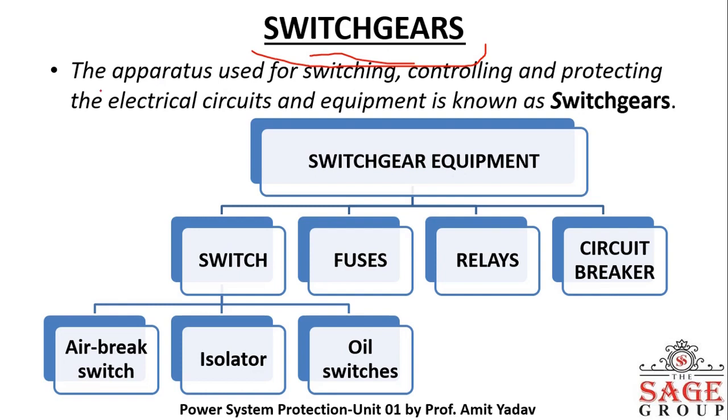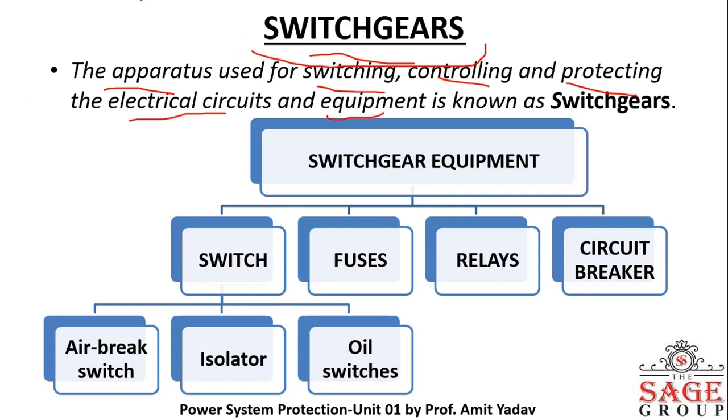These are the apparatus used for switching, controlling and protecting the electrical circuit and equipment, and are known as switchgear. In basic language, we can say that these are the basic switching, controlling and protecting devices which we use in the electrical circuit to protect our power system. That's why this subject is also known as switchgear and protection.